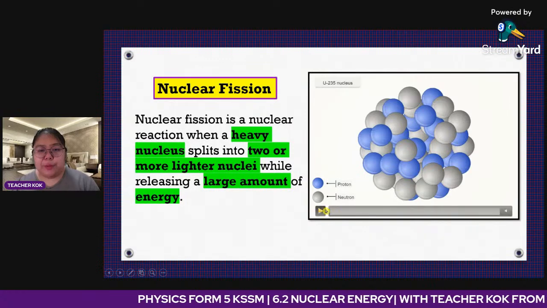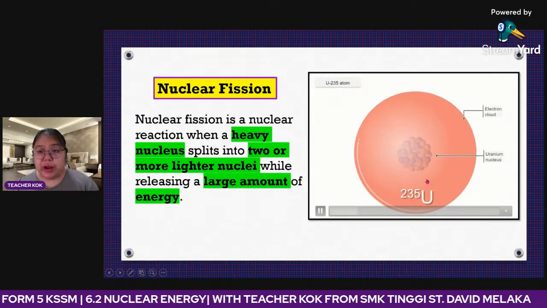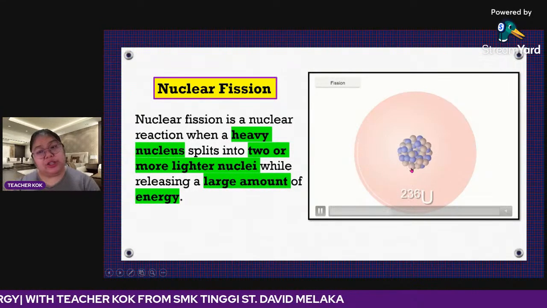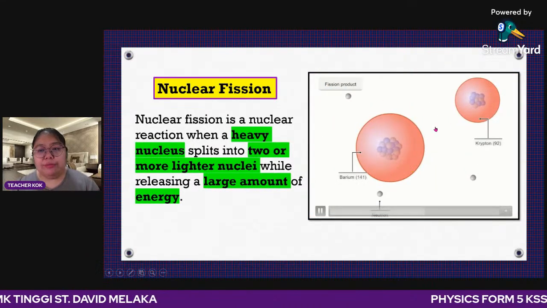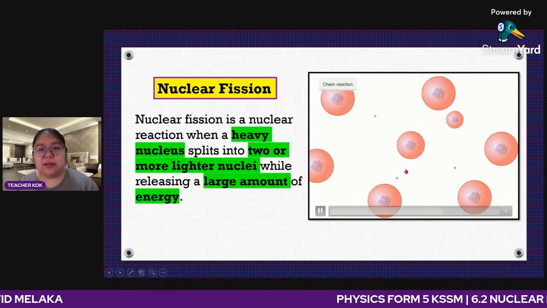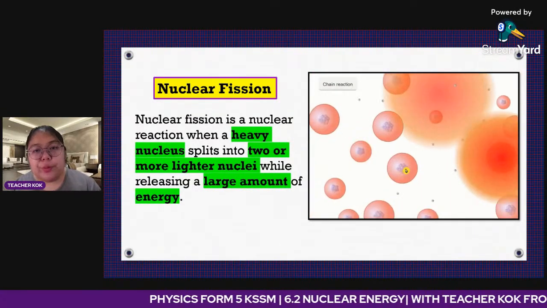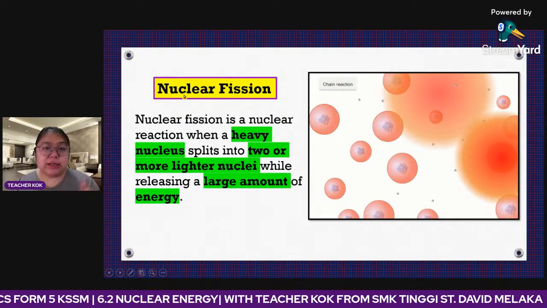Let's see the example video here. Just now it was a big size uranium. Now the uranium starts the nuclear fission, so they split and become lighter nuclei. After that they continue the process. When they continue to do the process, we call it a chain reaction. First is nuclear fission.